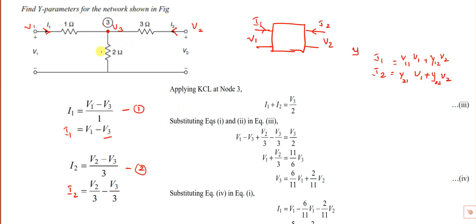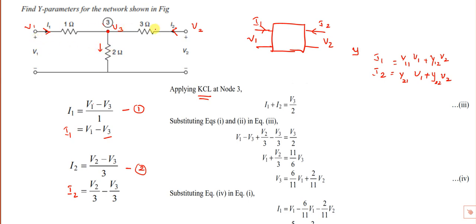In order to do that, from V3 you have to get an expression and substitute it here. So how to get the expression for V3? Apply KCL. Please remember, for Z parameters we have to apply KVL. For Y parameters we are expressing current in terms of voltages. Now you have to apply Kirchhoff's current law at node 3. What are the currents entering? I1 and I2 currents are entering, and the resultant current will go downwards.